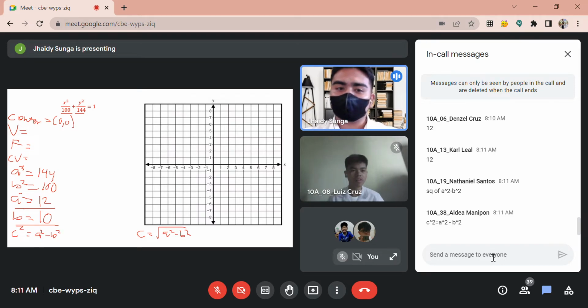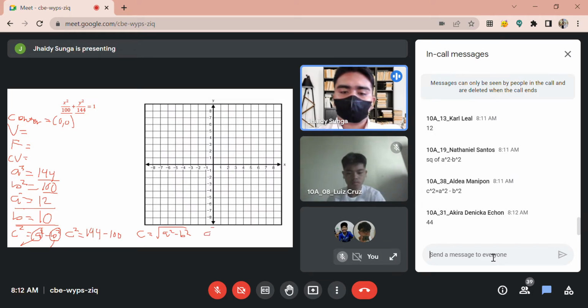So what is the value of A squared and B squared? Let's try to substitute the values first. C squared is equal to, what's our A squared? The value is 144. Then, what is our B squared? It's 100. So, 144 minus 100, what's the value? 44.